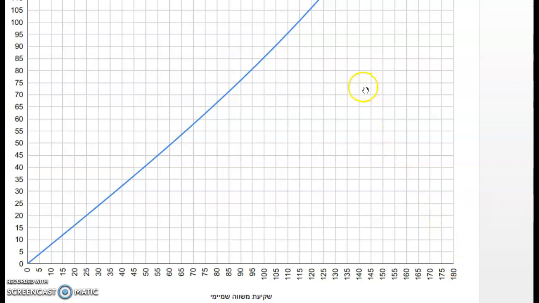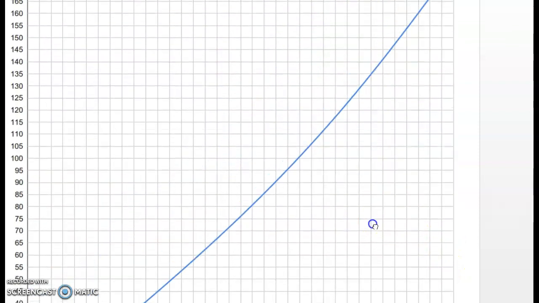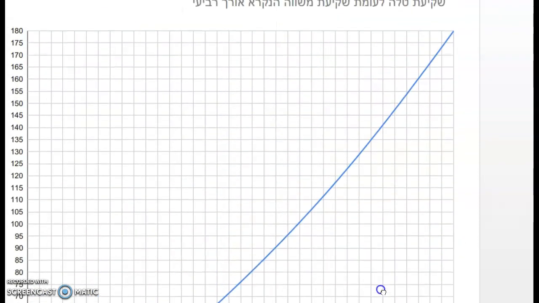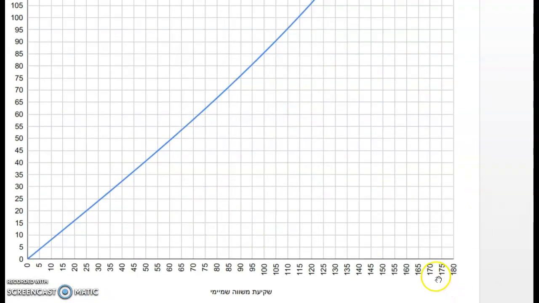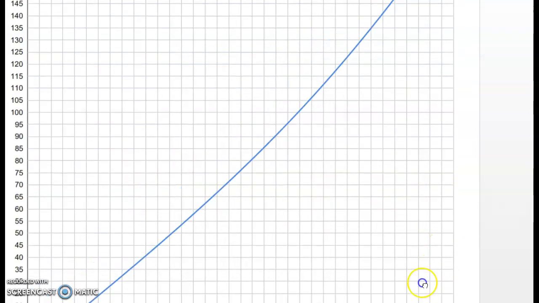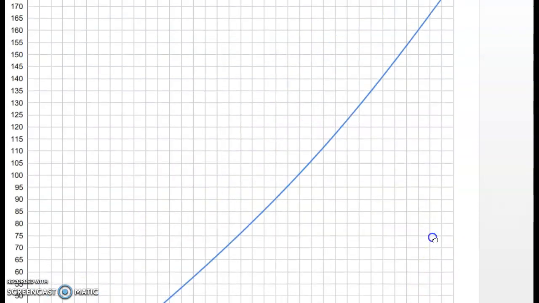Let's see, somebody asks from 180. Take a look here. Let's take 170, 180, these two boxes. So the 10 degrees from 170 to 180.